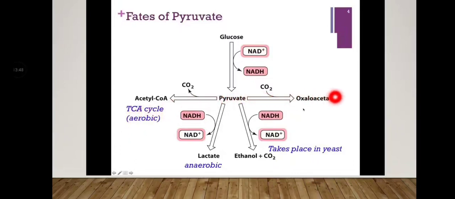On the other hand, it may also be converted to oxaloacetate, which may also enter the tricarboxylic acid cycle. Then it may also be converted to ethanol and carbon dioxide, as well as lactate, especially in anaerobic conditions. Those are the different fates of pyruvate, which depend on the presence or absence of oxygen, as well as the ratio of NAD plus to NADH.